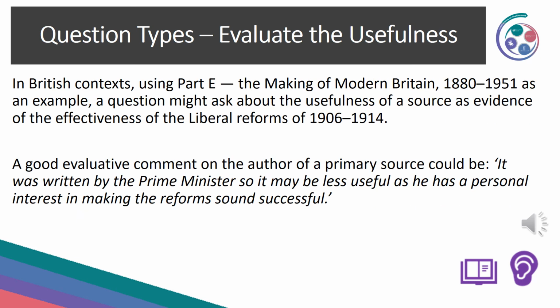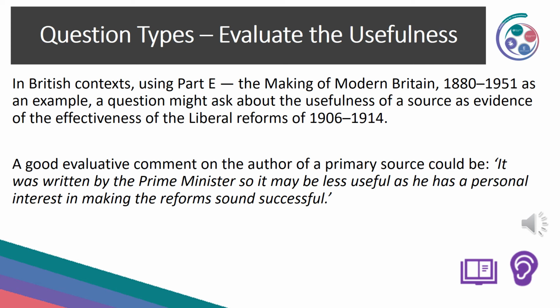Here we see an example of a possible comment for the author of a primary source. Using the Making of Modern Britain as an example, a question might ask about the usefulness of a source as evidence of the effectiveness of the liberal reforms. An evaluative comment on the author of a primary source like this could be, it was written by the Prime Minister, so it may be less useful as he has a personal interest in making the reforms sound successful.